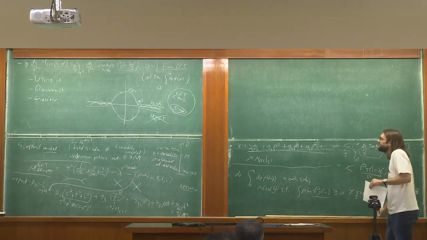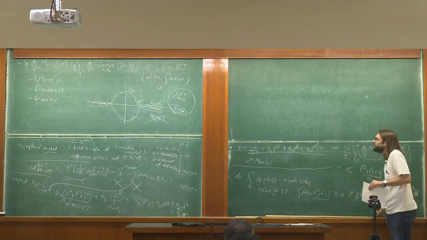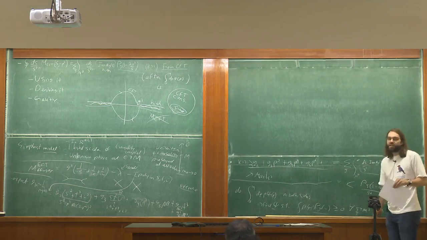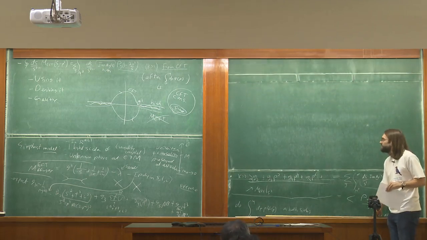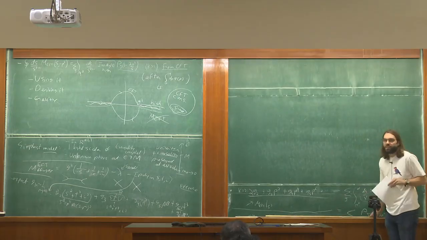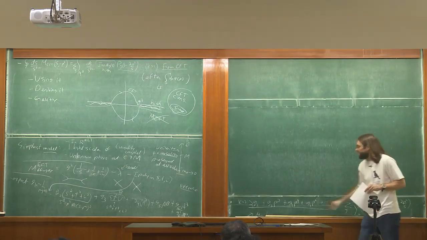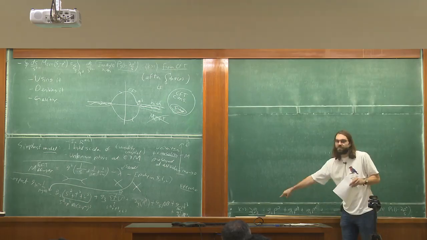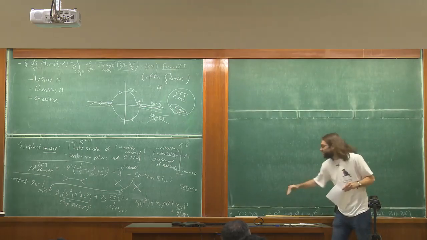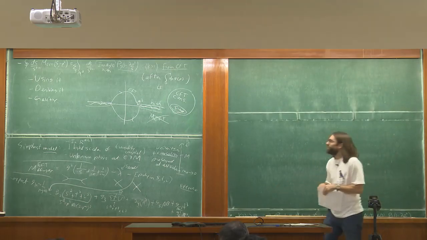Something that was done historically in this business, and I'm partly guilty of this, is that you can try to expand in the forward limit. Because if you're allowed to do a Taylor expansion around p goes to 0, this looks very simple for extracting the coefficient you want.